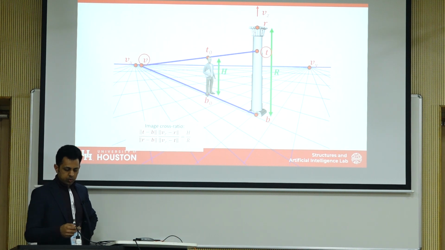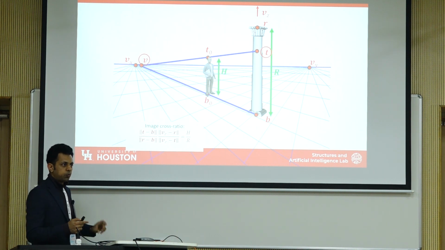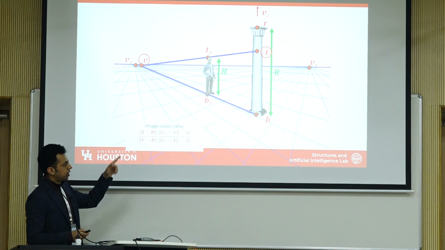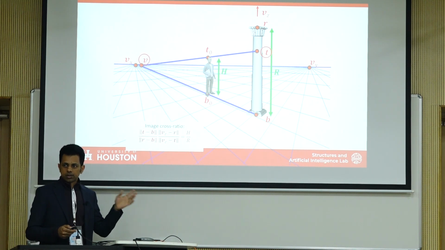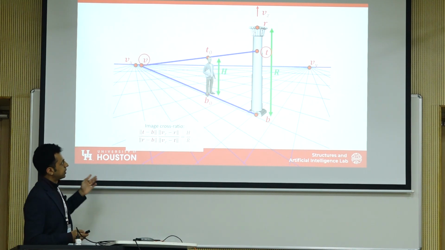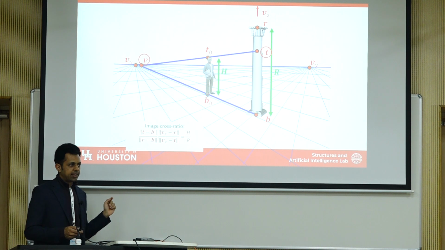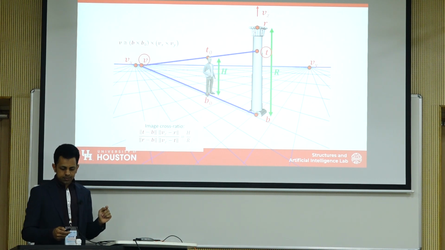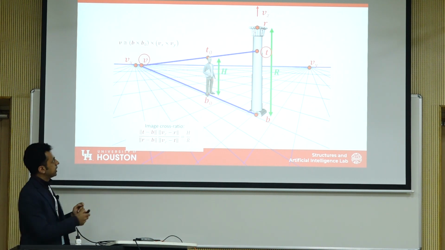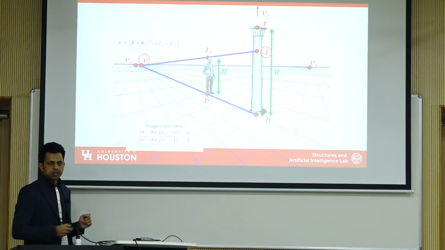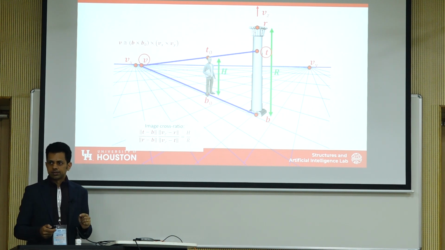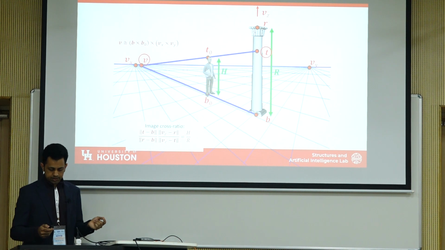So if I have 2 points, b and b naught, how do I get the line that joins them? Cross product. And similarly, for vx and vy, I can get the line that joins them with a cross product. So v is simply (b cross b naught) cross (vx cross vy). Okay, so that gives me v.